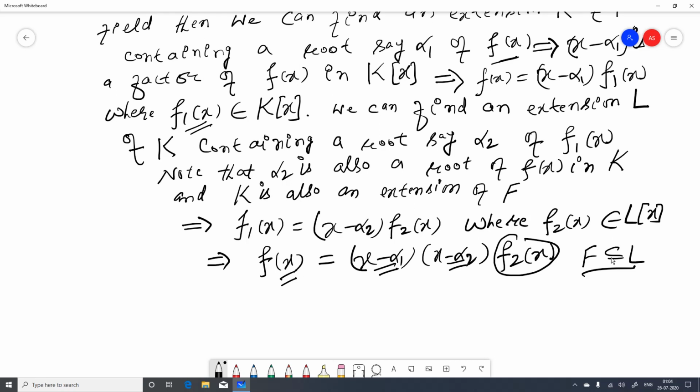Now I can continue the process with f2(x) and all other factors appearing here, until I get all the factors of this polynomial f(x) as linear factors.